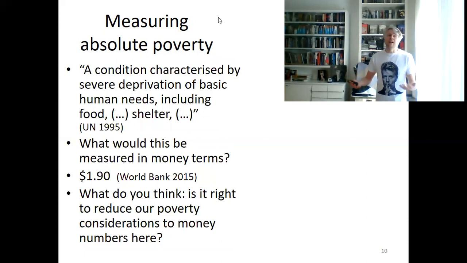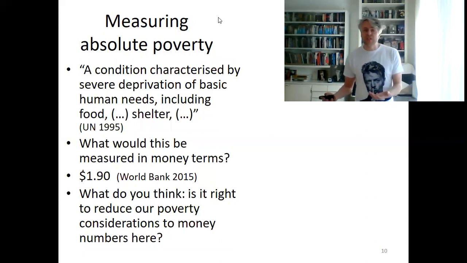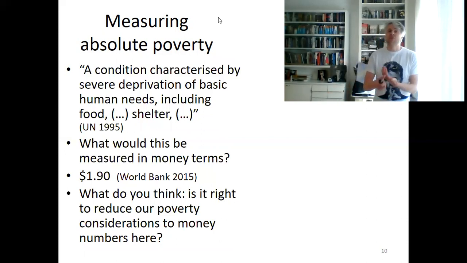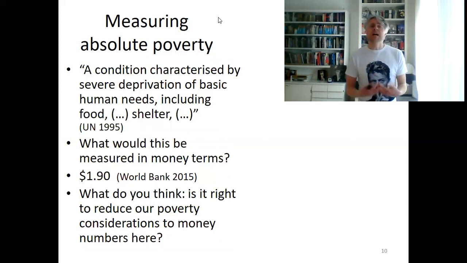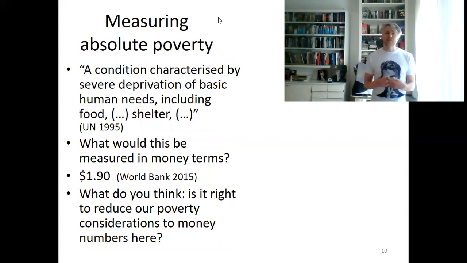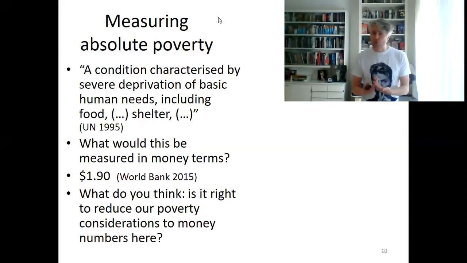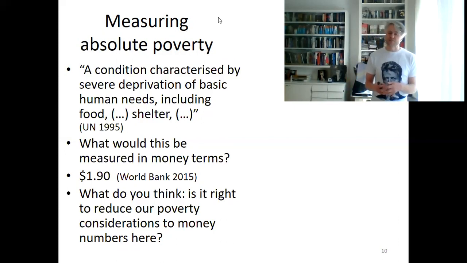So if you are living in a very deprived community, you may not have access to tap water or to good education. And actually, all the money in the world won't help you buy that easily. So it's worth noting that these numbers given by organizations such as the World Bank are helpful, but we must be mindful of their limitations. It is a mistake to reduce these statistics simply to numbers.